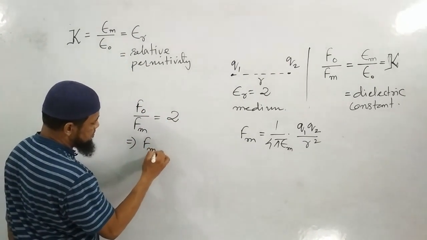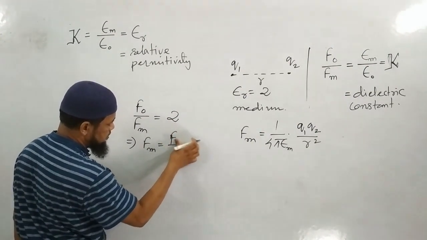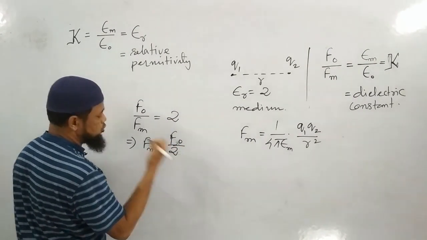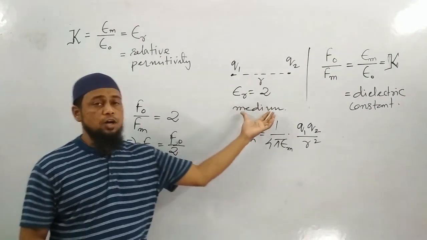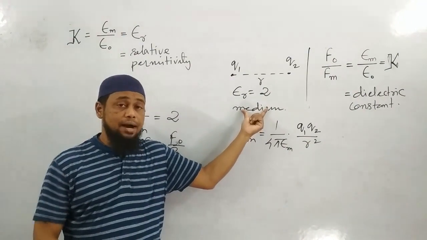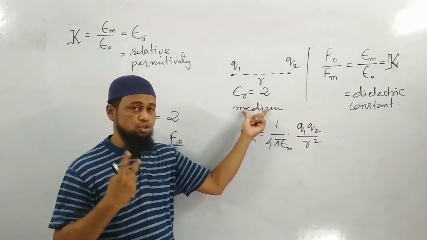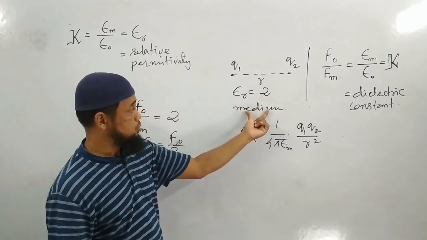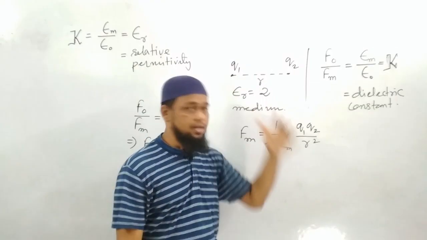That means Fm will become F naught divided by 2. The dielectric constant is the factor by which the magnitude of force between the charges will reduce when you take the system of charges in the medium.